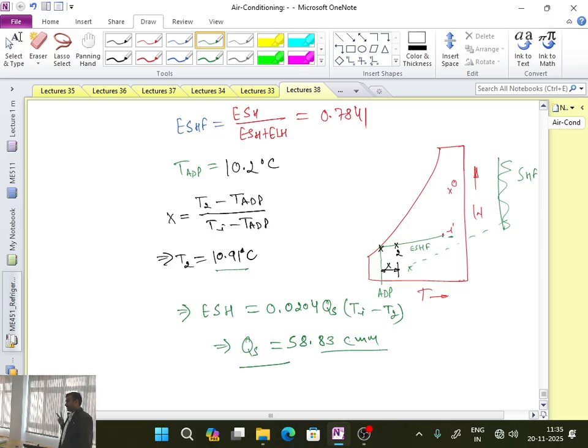50. You are taking 50 and you are cooling that to supply state T2. Okay, but the actual amount of dehumidified air corresponding to this T2, which is required to meet the effective room sensible heat, meaning effective room total heat, is 58.83.